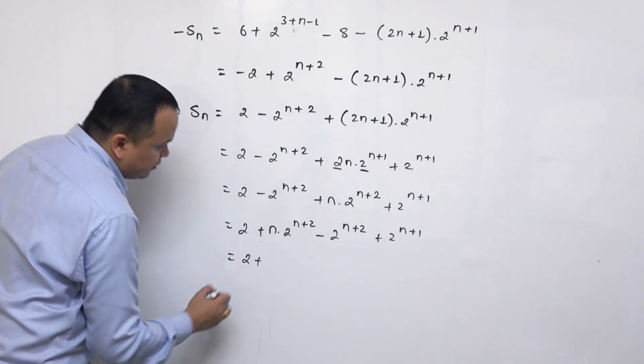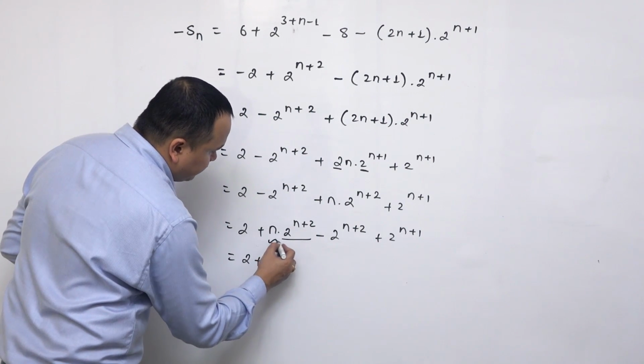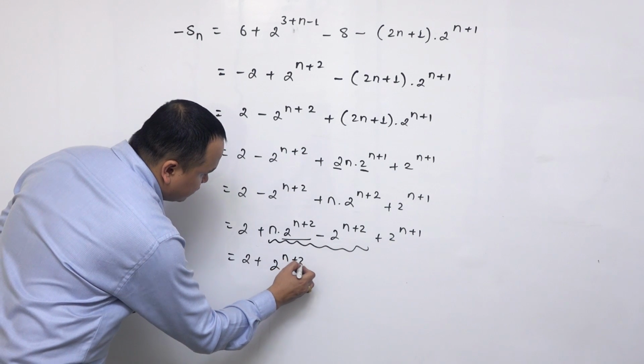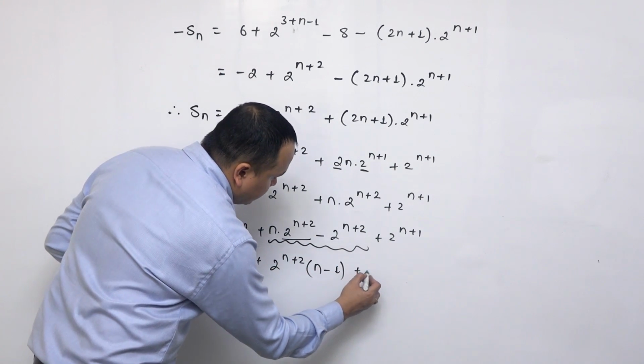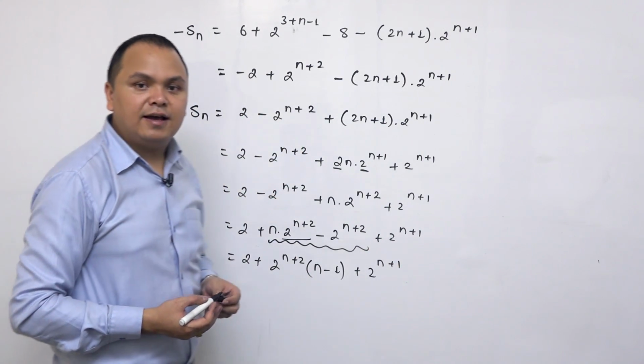This is 2 plus here 2 to the power n plus 2 is common. Then this is 2 to the power n plus 2 into n minus 1 plus 2 to the power n plus 1, which is the required answer.